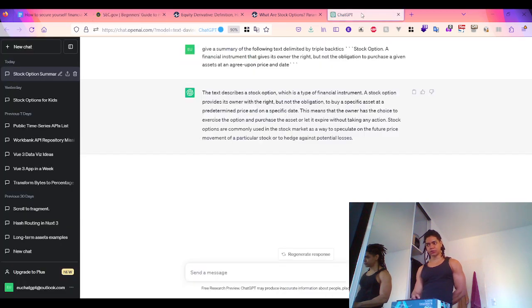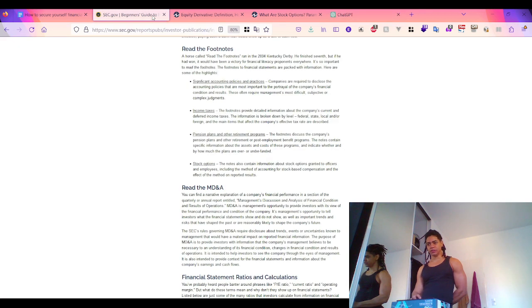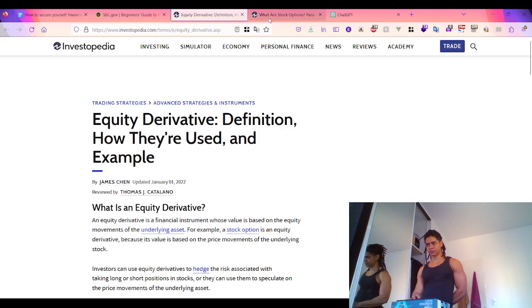And stock options are commonly used in the stock market as a way to speculate on the future price movement of a particular stock.